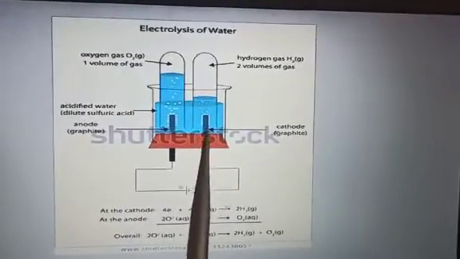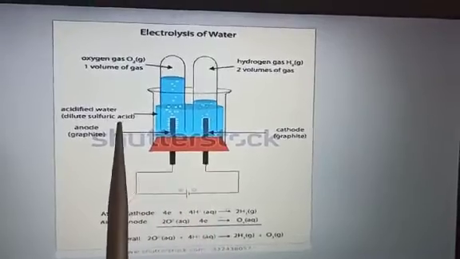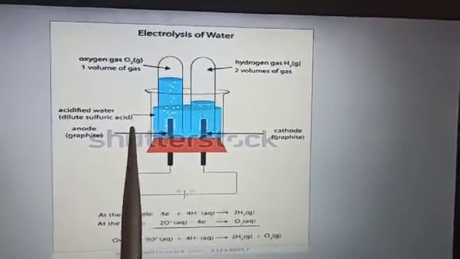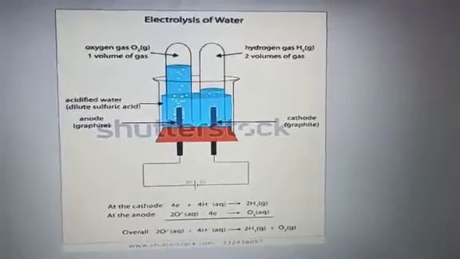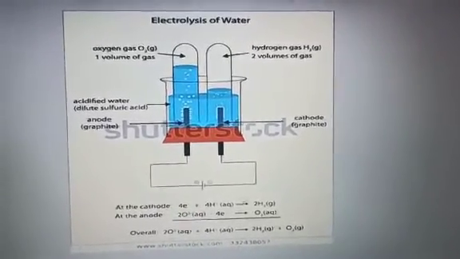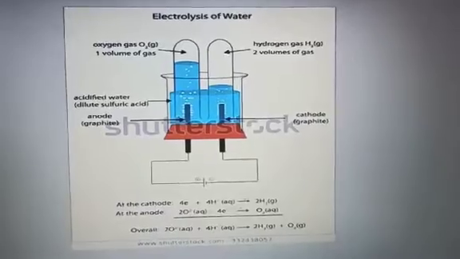And in this jar we have taken water. We will add some sulfuric acid to make the water acidified so that it can break into hydrogen and oxygen on passing the current.